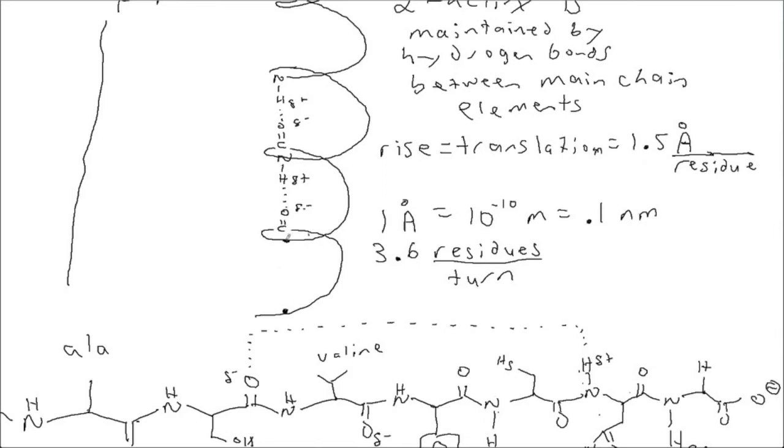And then how many amino acids are there between this point and this point? 3.6. So how many amino acids are there between these 2 points? 7.2. That's right, yes. So that's what I mean by residues per turn. This is, again, only for alpha helixes. You, again, probably need to memorize this number for your course.